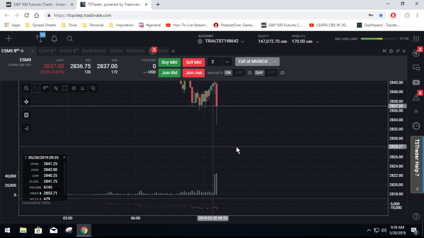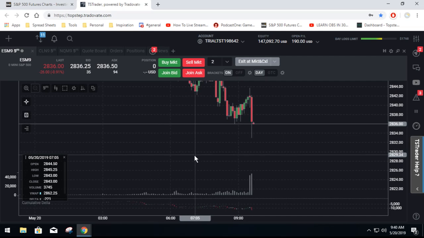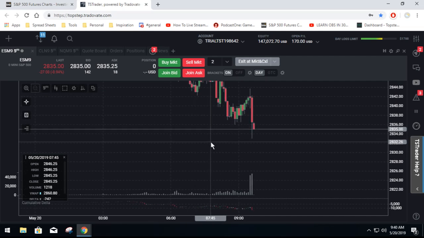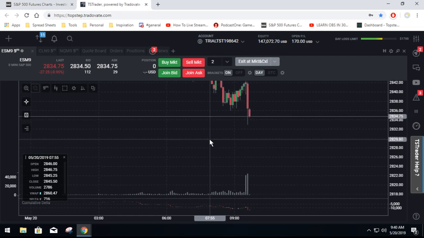Wait till 10 AM. Execution of that trade was very, very poor. I actually bought the top. It's a rookie mistake. It's up to be a single, not a double.